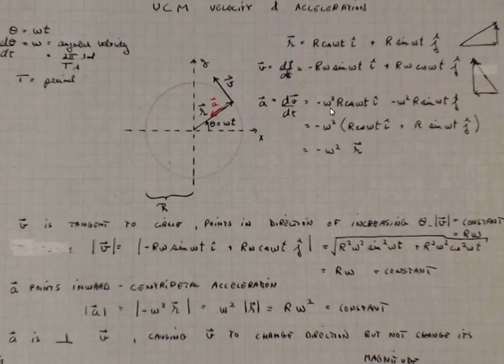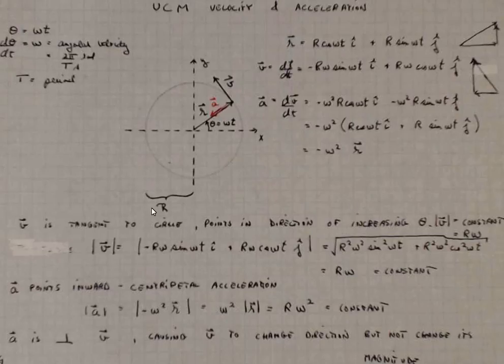I can pull a minus omega squared out: minus omega squared times r cosine omega t i hat plus r sine omega t j hat. But the quantity in parentheses is just the r vector. So the really cool result here is that a is minus omega squared times r. That means it is anti-parallel to r, pointing inwards. This is what we call the centripetal acceleration.